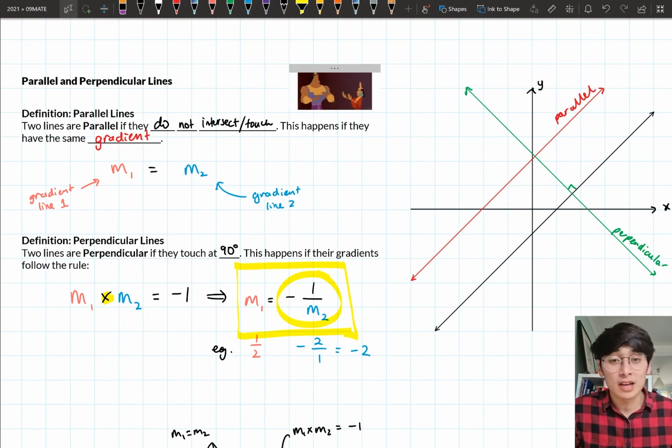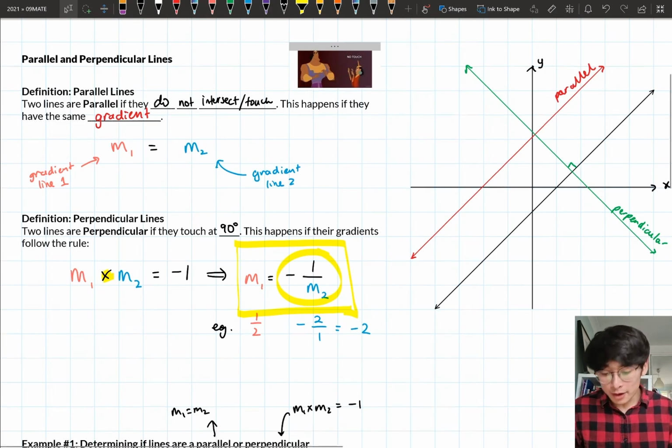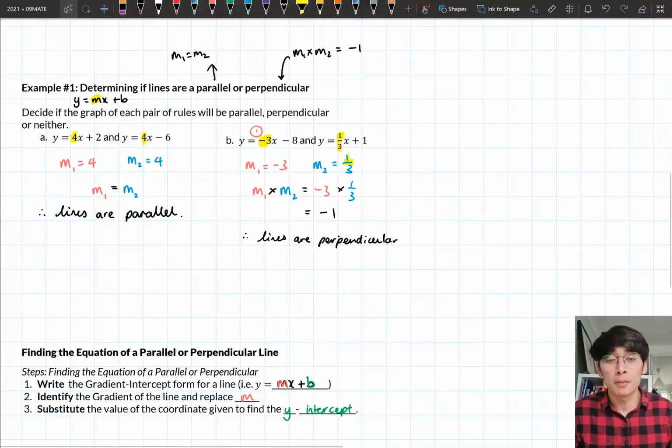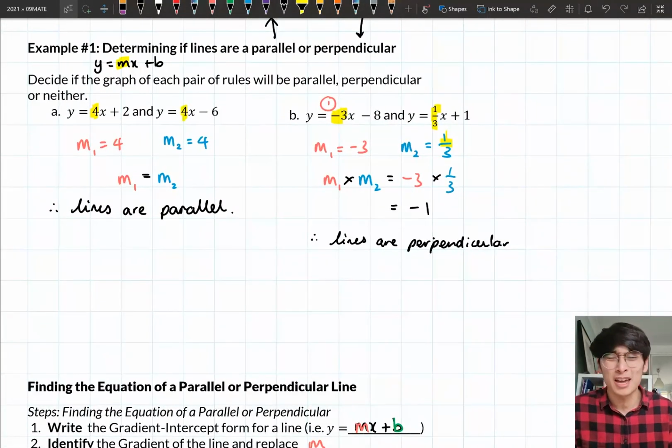And so in order for us to have perpendicular lines, the two gradients need to multiply to give me -1. We could figure out whether or not lines were perpendicular or parallel by using these two conditions, identifying the gradients and checking whether or not they satisfy either of them. Are they equal, or do they multiply to give me -1? That means they're either parallel or perpendicular, and if they don't fit either, they're neither parallel nor perpendicular.